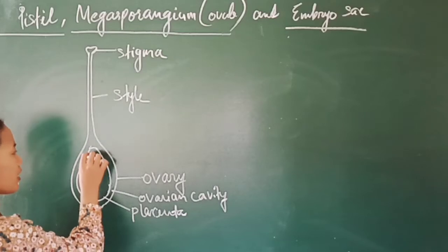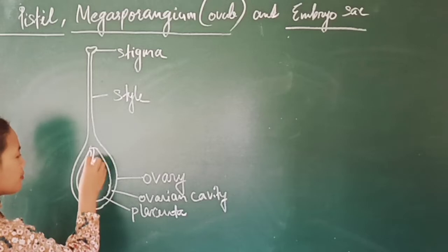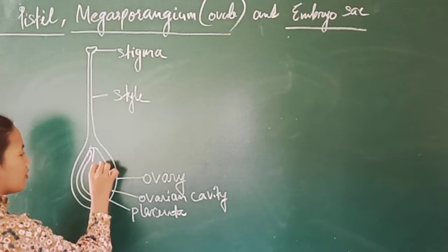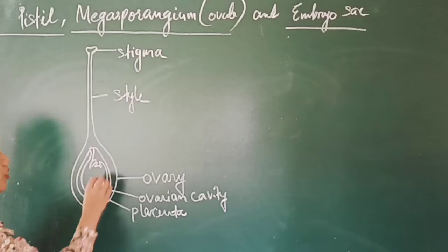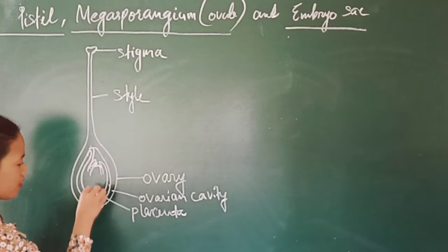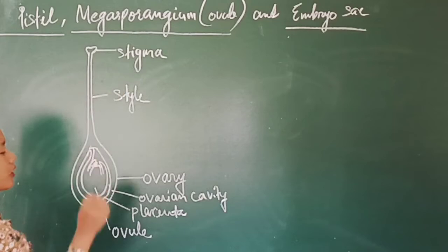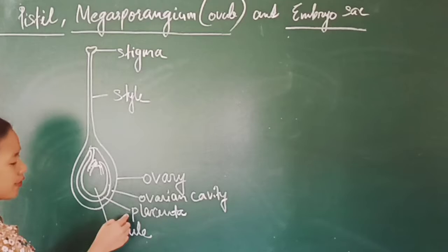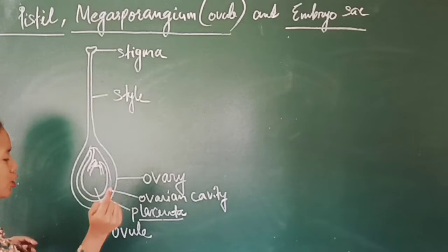Now to this placenta, there will be one structure attached to it called the ovule. Now this is the main part. This is the ovule. So stigma, style, and ovary. Inside the ovary, you will have an ovarian cavity, and inside this ovarian cavity, you will have a membrane called the placenta, and to this placenta there will be one structure attached.